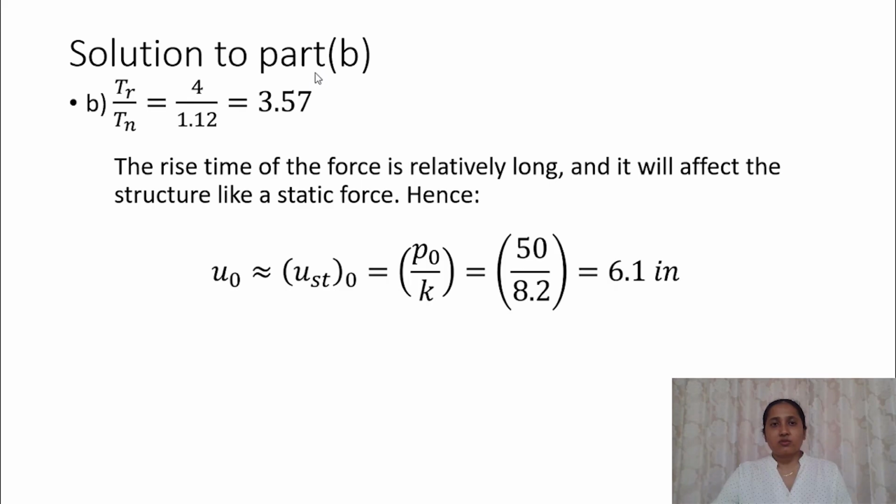So this is more or less like a static force. So the maximum response will be approximately equal to the static response, that is P naught by K. So that would be equal to 6.1. So we can calculate the approximate value of the maximum response using this relationship.